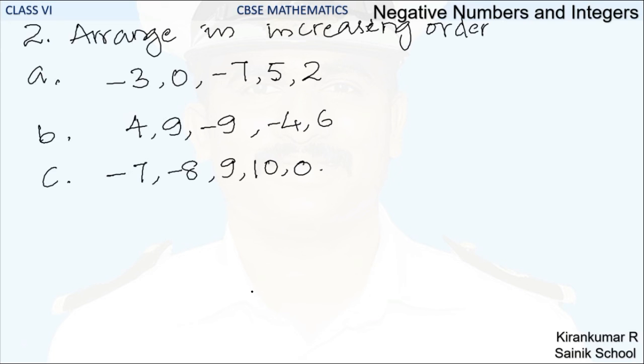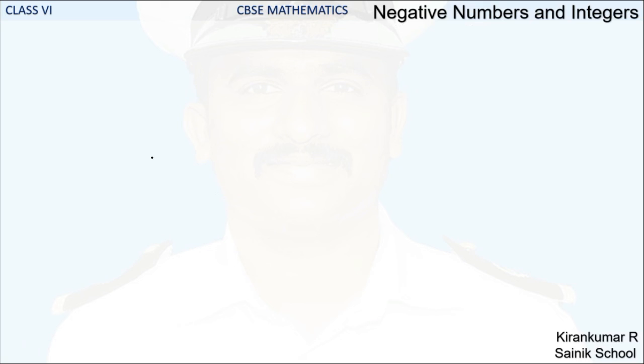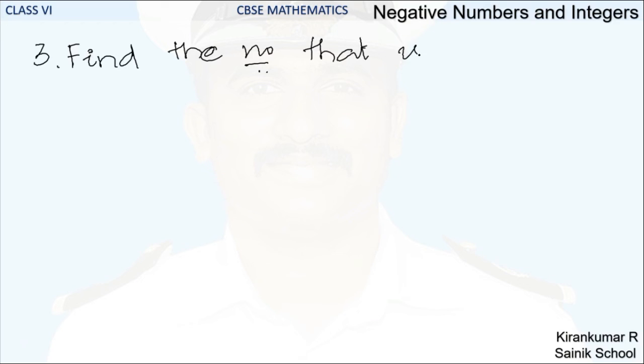I'll be giving you one more tricky question. Carefully you need to answer this. The question is, find the number that is, first one, 3 more than -4.